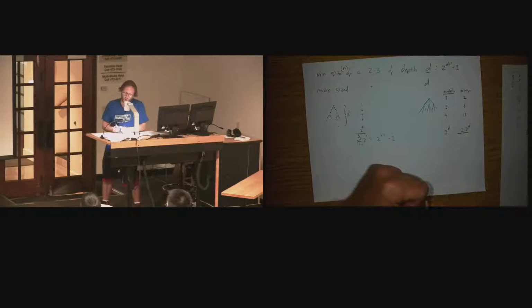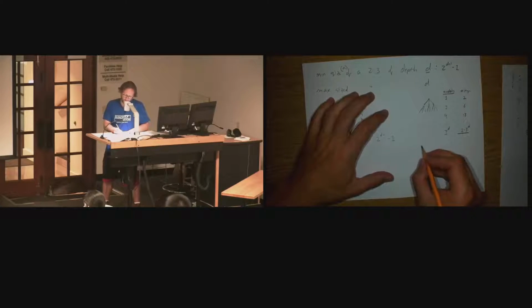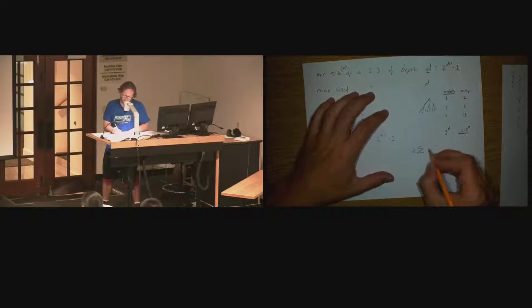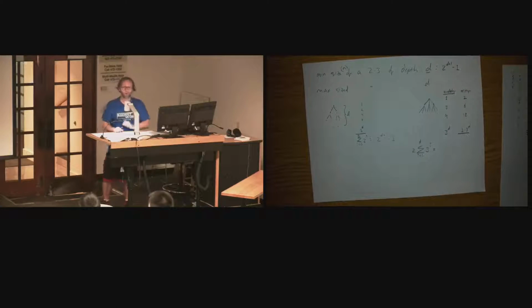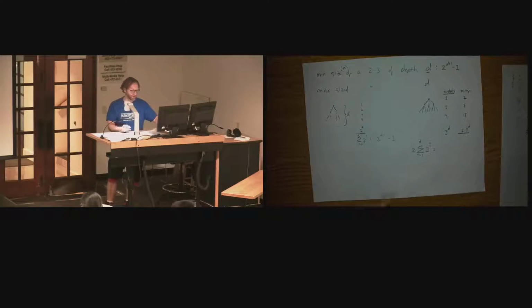So what's the total number of keys here? Right? Each one of these is just multiplied by 2. So it's 2 times the summation of 3 to the i running from 1 up to d. Help me out. What's this geometric progression right here? If you don't help me out, I'm going to have to look it up.